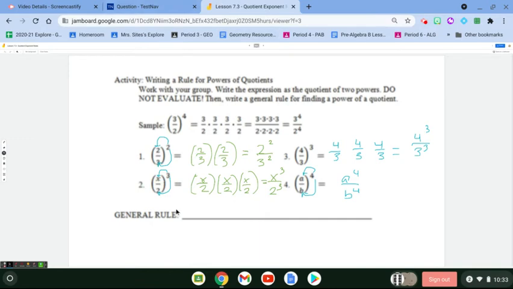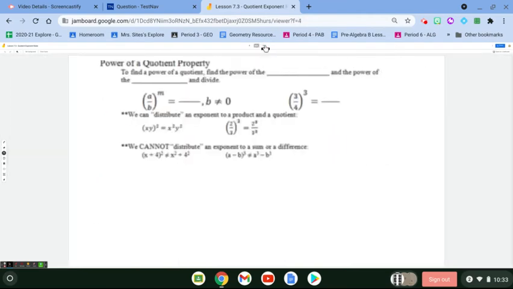So in terms of a general rule for a power of a quotient, to find a power of a quotient, you are basically finding the power of the numerator and the power of the denominator, and then dividing like you would before.